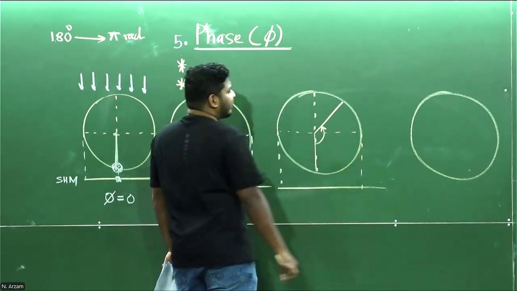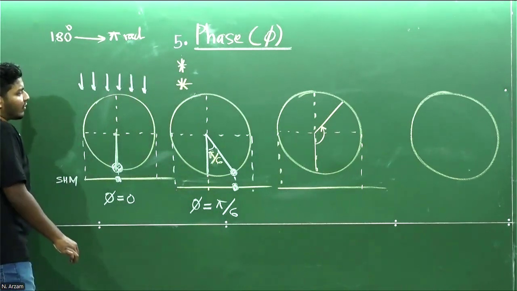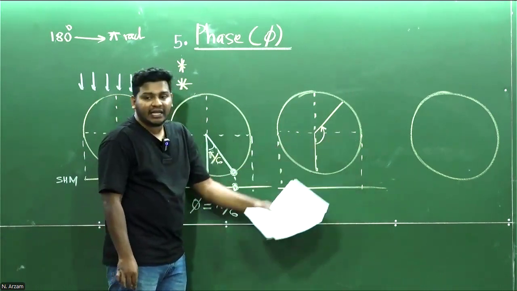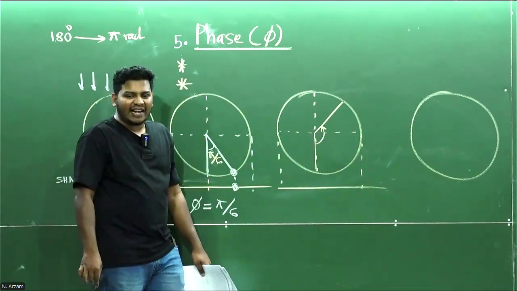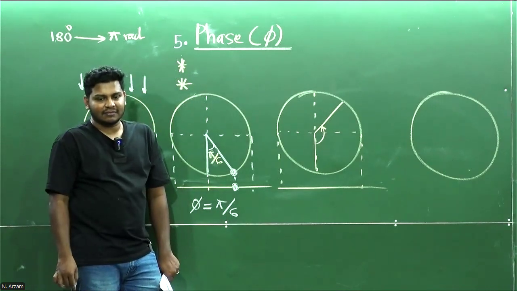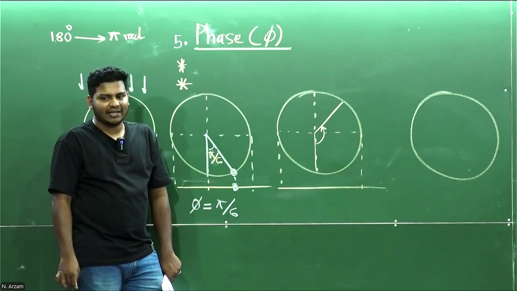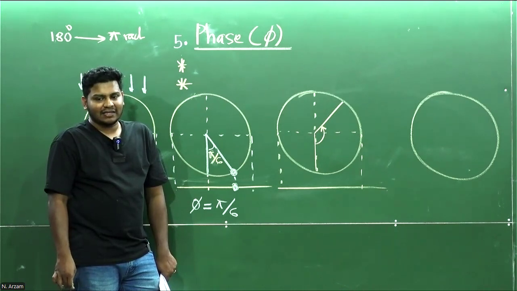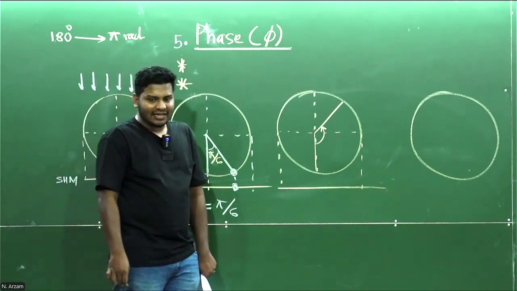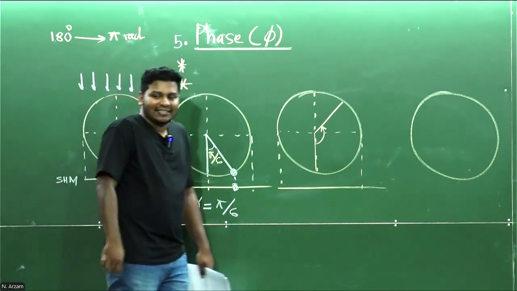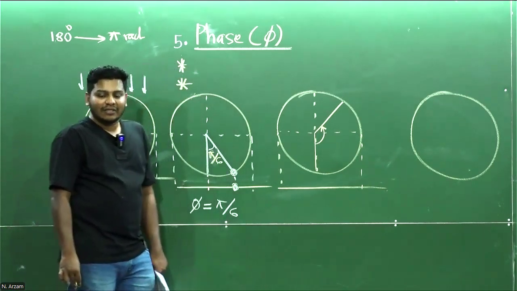Let's say this is 120 degrees. If this is 120, can you give me this in radians? Two pi over 3. Look at this one.